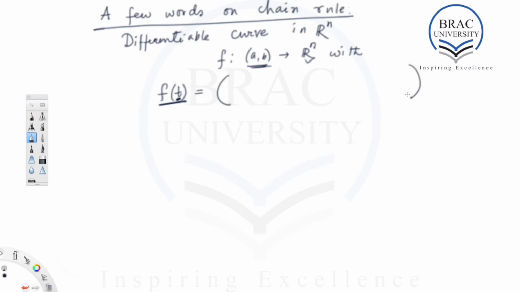So we're going to have an n-tuple here, and each of the coordinates of this n-tuple will be a function of t: x1(t), x2(t), all the way up to xn(t).